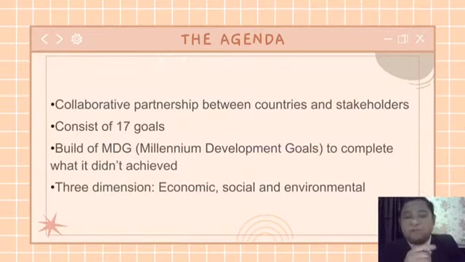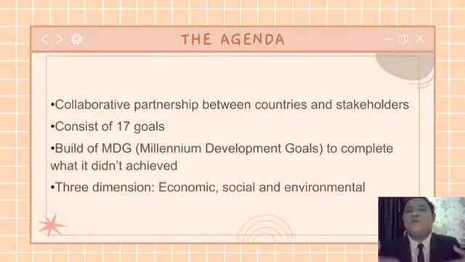In addition to that, it is also considered a collaborative partnership between countries and stakeholders, and consists of 17 goals, which have been previously mentioned in this lesson.